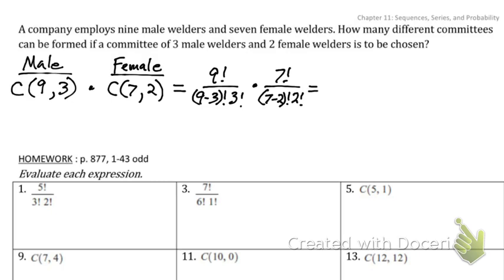Let's simplify this down. We'd have 9 factorial over 6 factorial times 3 factorial, times 7 factorial over 5 factorial times 2 factorial. That's a lot of factorials going on.